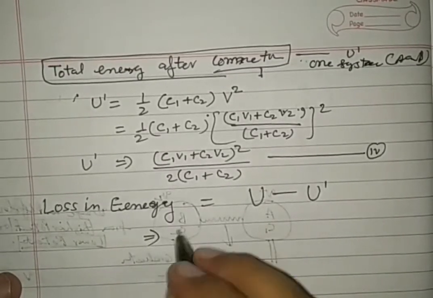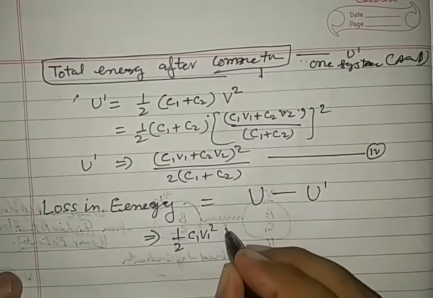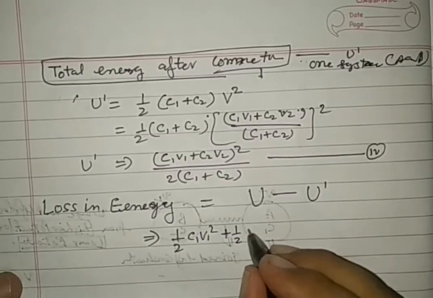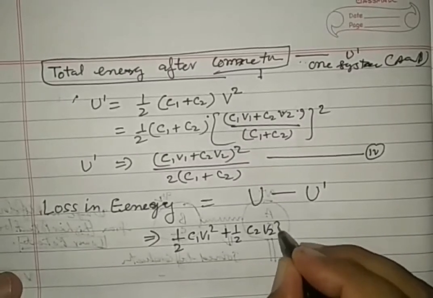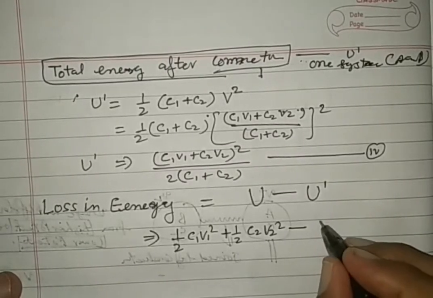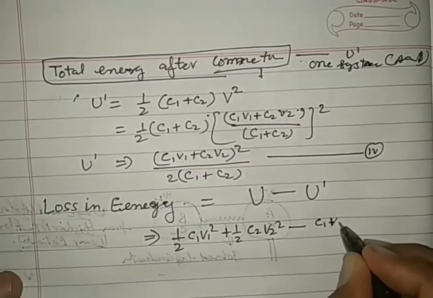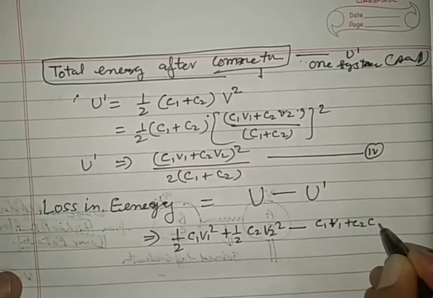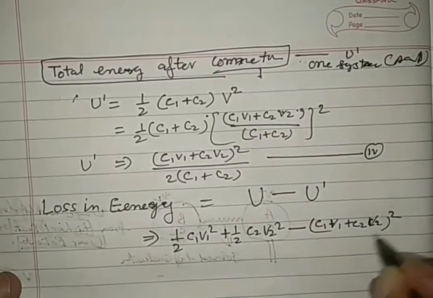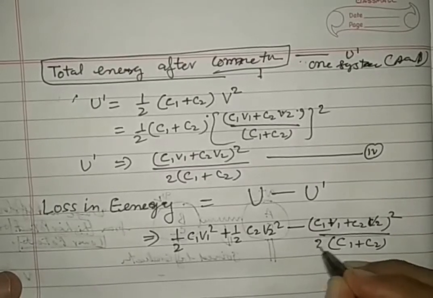Total energy before is half C1 V1 square plus half C2 V2 square, minus the total energy after, which is C1 V1 plus C2 V2 whole square by 2 times C1 plus C2.